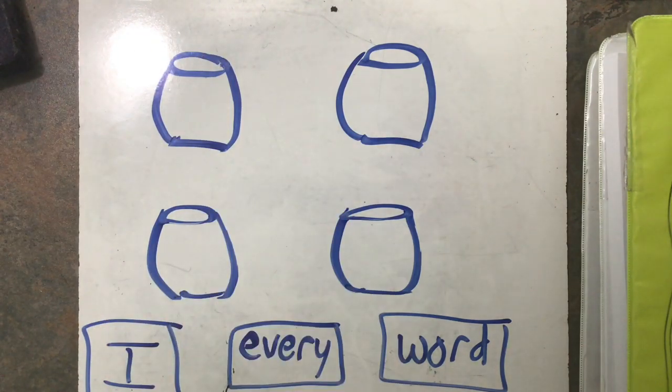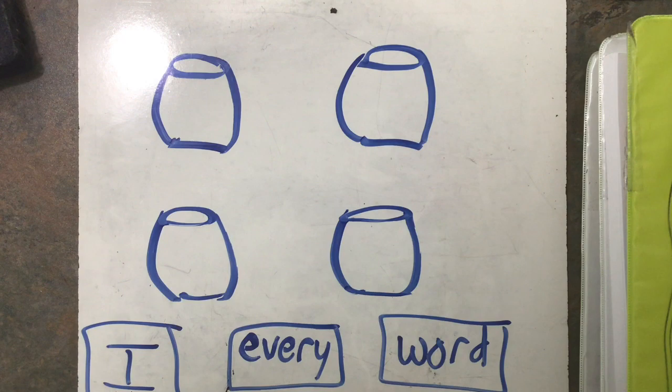We call these barrels our parts of speech. You may have been learning about some parts of speech in your regular classroom. We're going to start learning about parts of speech in our classroom.